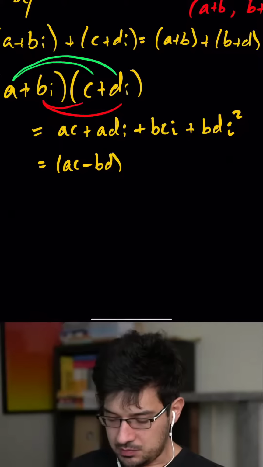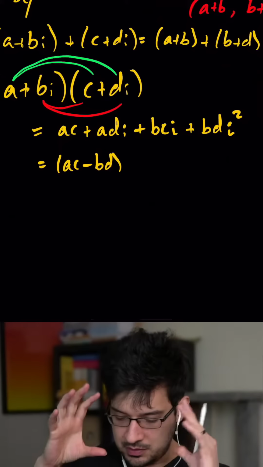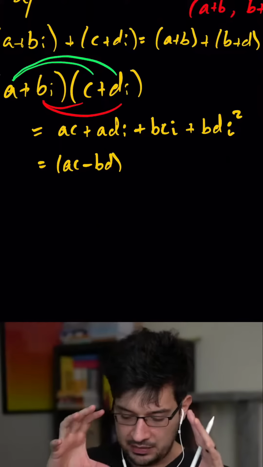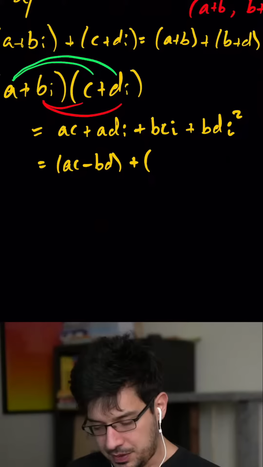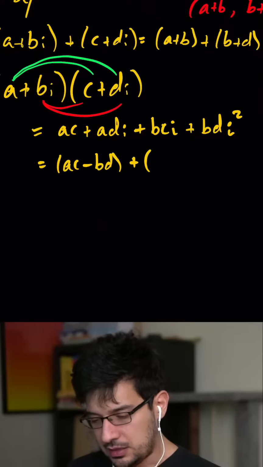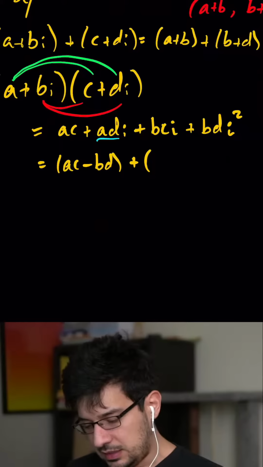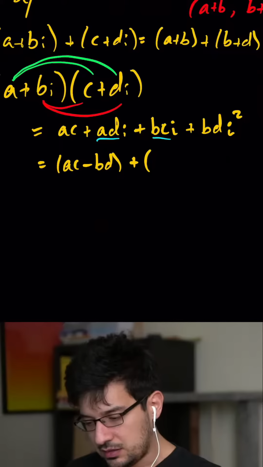I'm going to go ahead and move that forward to the real part, ac minus bd. And then the complex part is going to be (ad + bc)i.